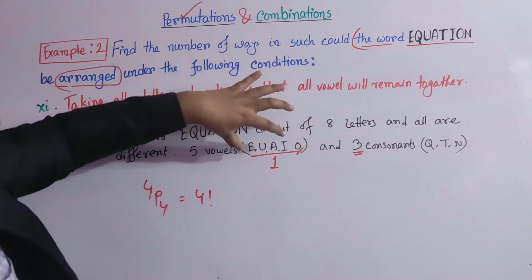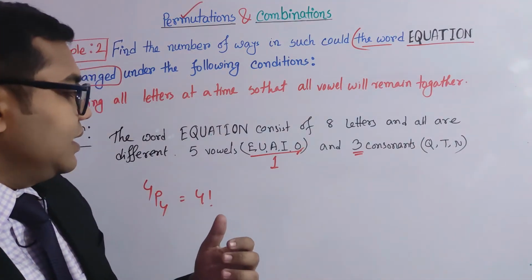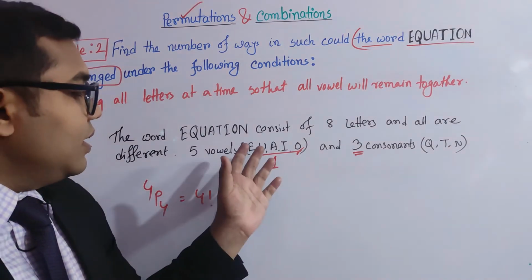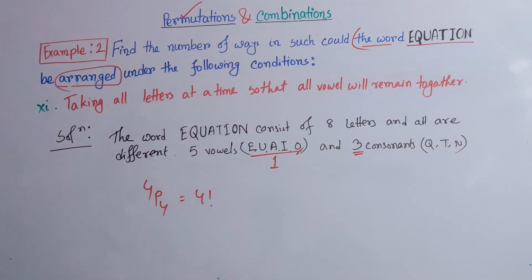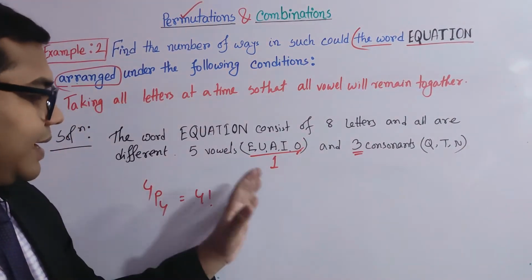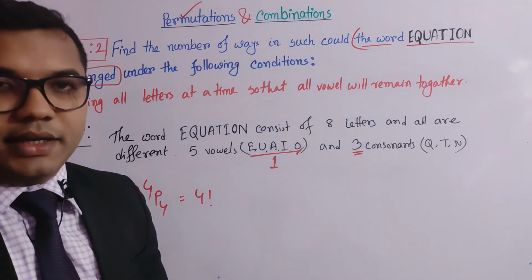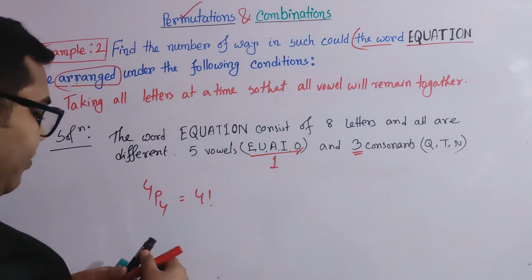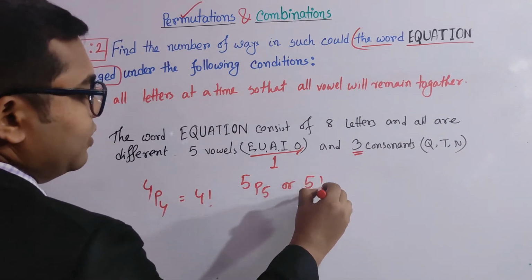But in this, the 5 vowels can be arranged among themselves. So here these 5 vowels can be rearranged by themselves by 5P5 ways, or 5 factorial ways.